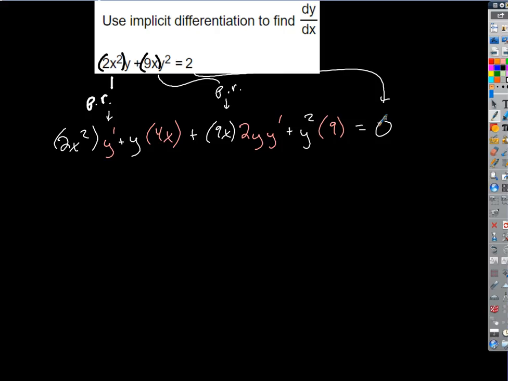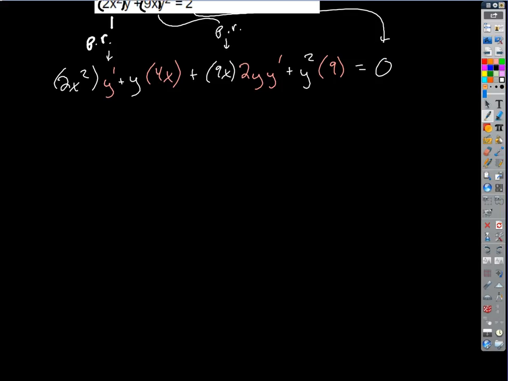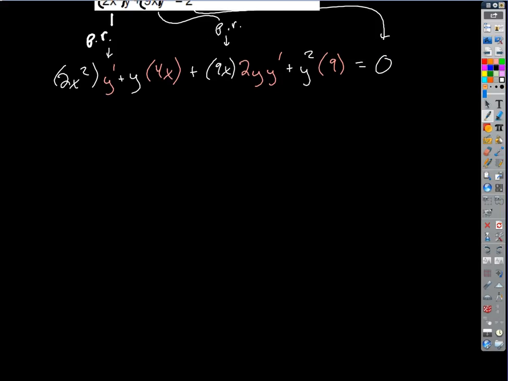All we've got to do now is just isolate y prime, right? So we'll put all the y prime terms on the left, how about? And all the non-y prime terms on the right. And while we're doing that, we'll clean things up. So this first term ends up on the left then. I've got a 2x squared y prime. I've got another y prime term here.